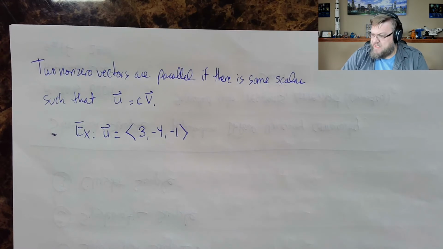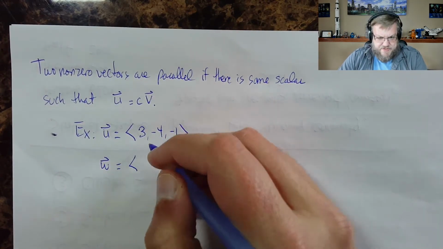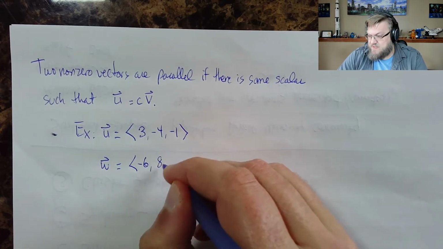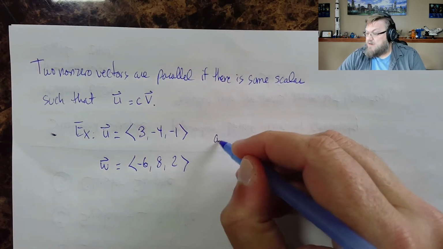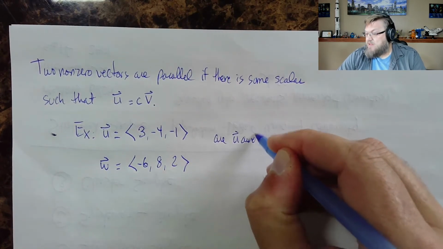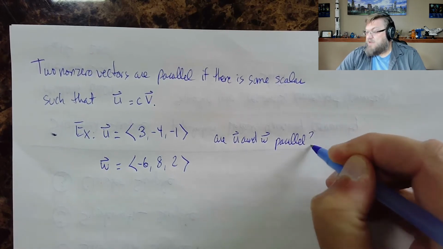So let's say that w is -6, 8, 2. Now looking at these two vectors, their component forms, you can tell right away the answer to the question if these are parallel or not. So are u and w parallel? Right? And how can you tell?